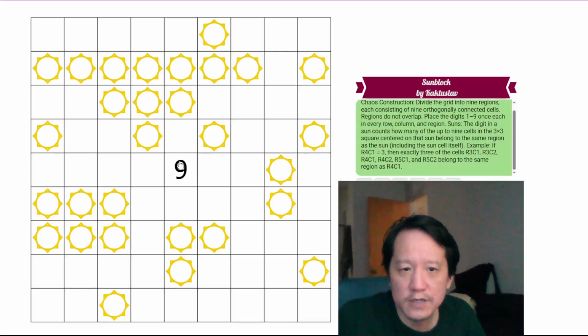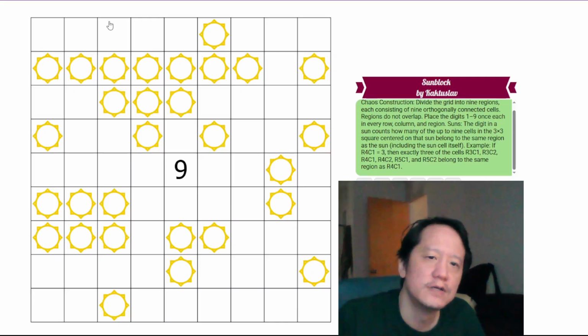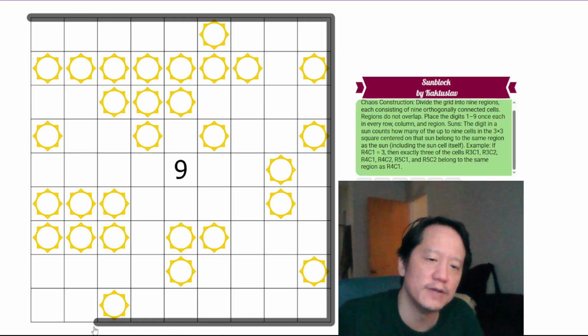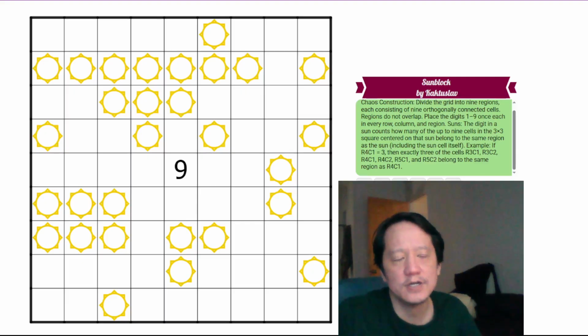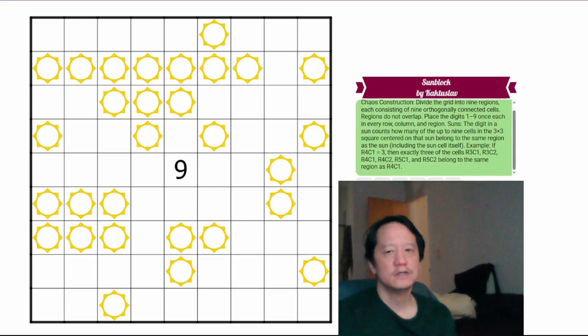Let's go. Okay. Well, we know that the digit in a sun can never be 1. And the reason why we know that is because every region must be orthogonally connected.